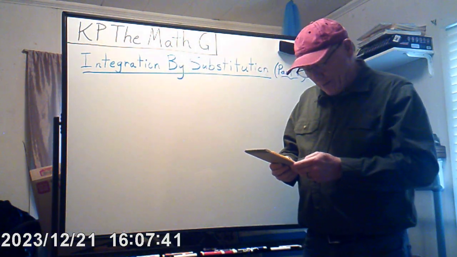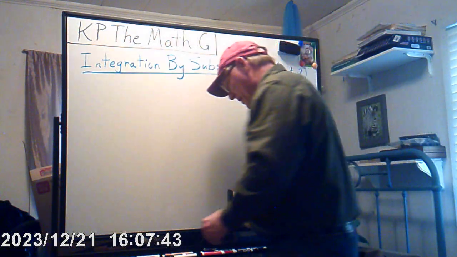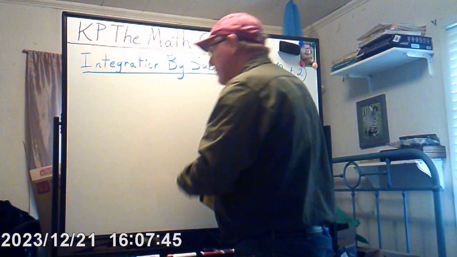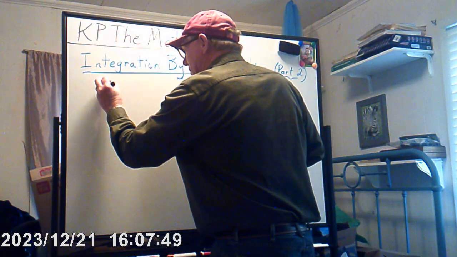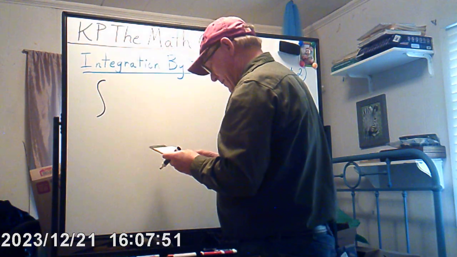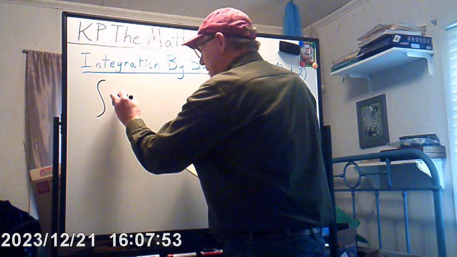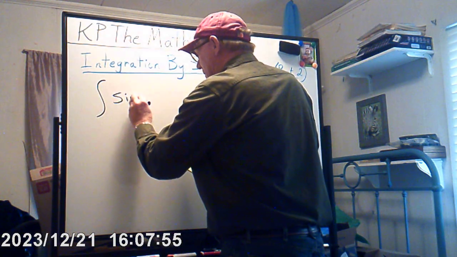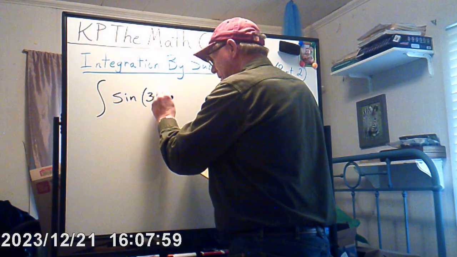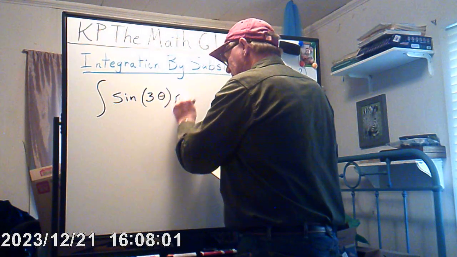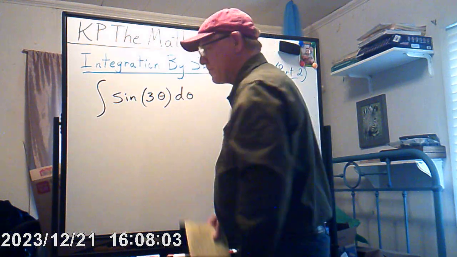All right, so let's go ahead. When do we use substitution? We're going to try this problem here. I'm going to integrate sine of 3 theta d theta. I usually use x, but sometimes we use theta, so be aware of that.